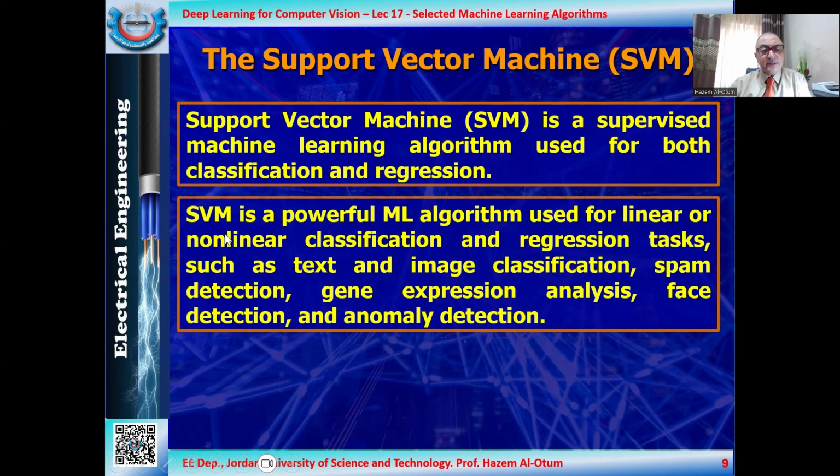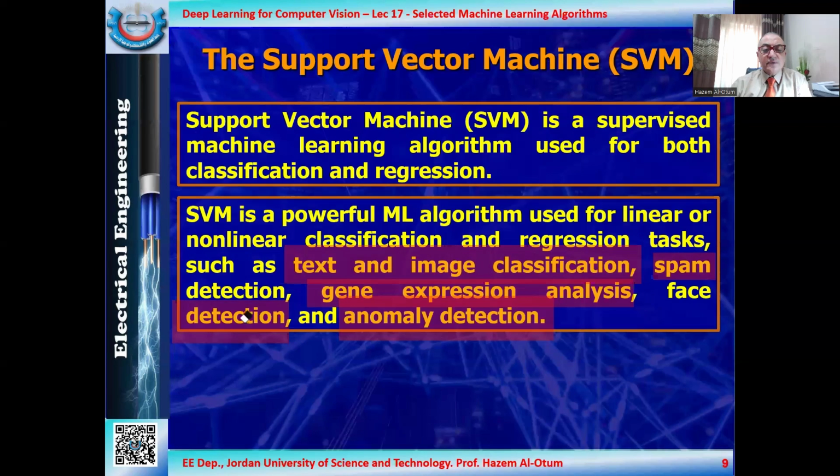Where can we find applications for this? As you see from this slide, it can be used for many tasks like text and image classification, spam detection in emails and messages, gene expression analysis in medical applications, face detection and object detection, and anomaly detection, especially in medical applications when you are dealing with cancer or other medical diseases.